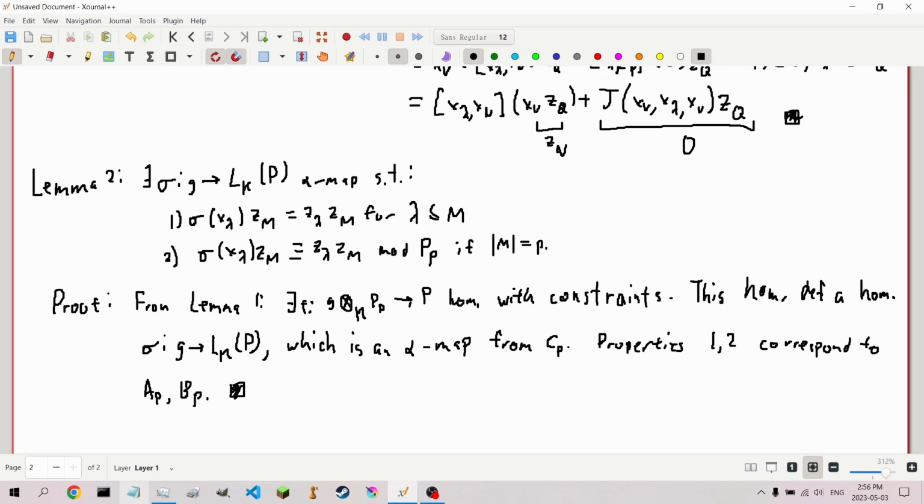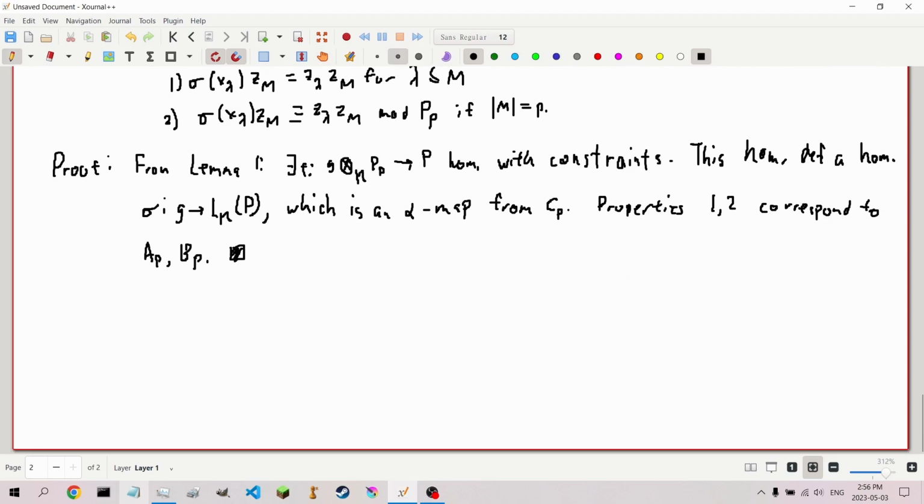Okay. I think we'll do one more lemma here, and then we'll end it with that. Going to be our third and final lemma of the day.